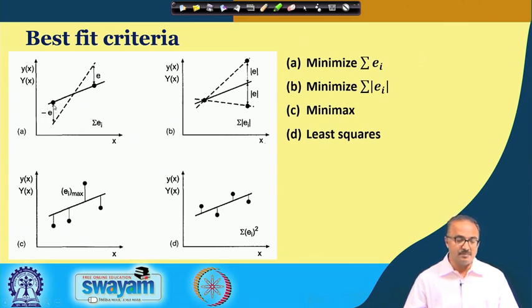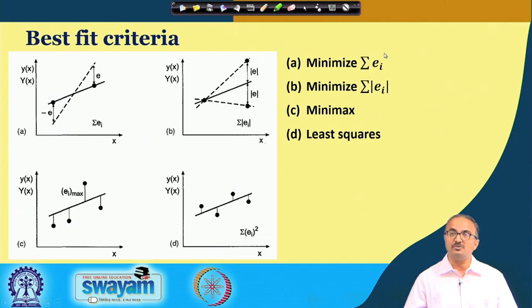The error is between the regressed value coming from here and the actual value. If I take the regressed value minus the actual value, in this case we find it is negative, because the regressed value is less than the actual value, and similarly in this case the regressed value minus the actual value comes out to be positive.